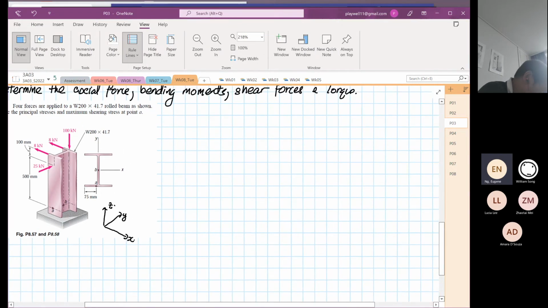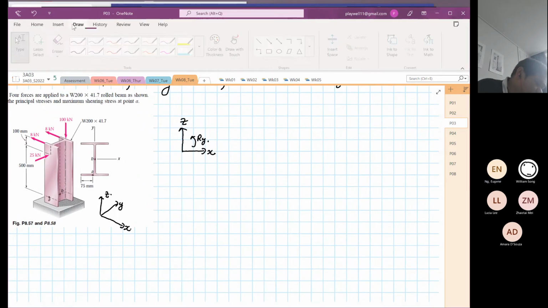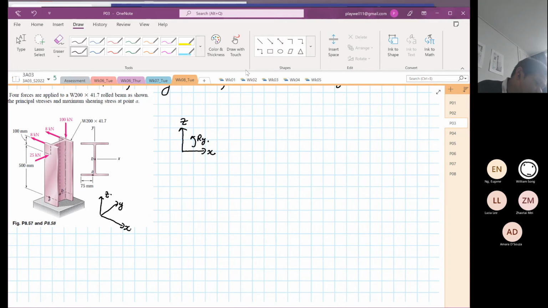So the first thing we are going to look at is the XZ plane. You sketch out: this is our X, and this is our Z, and using the right hand rule, that is our rotation, and Y. I'm going to sketch that now.